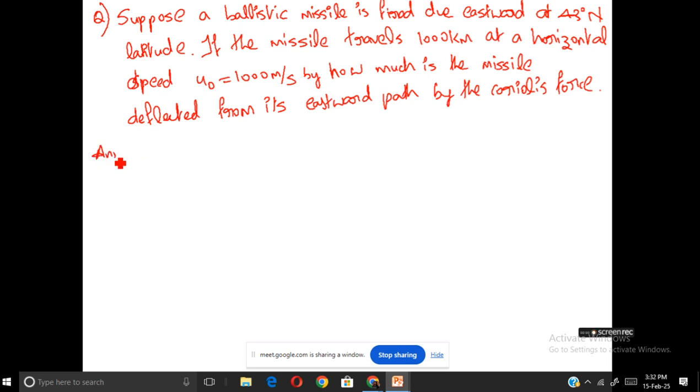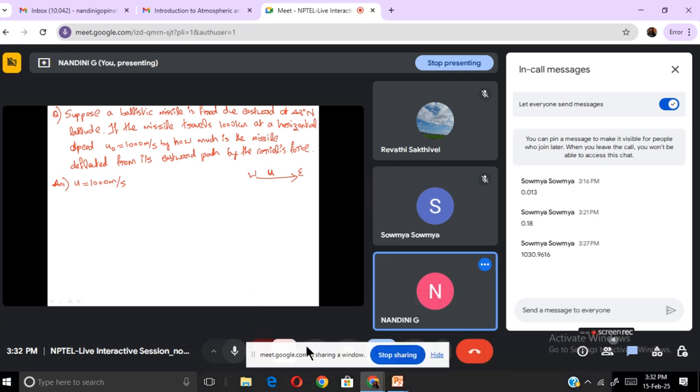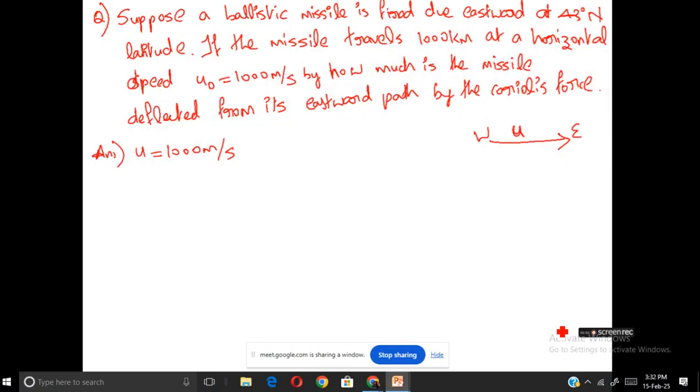Okay, so now we are considering the motion of a ballistic missile which is fired eastward. So the motion is basically west to east, the u direction, and u is given as 1000 meter per second. If the body is moving from west to east, in what direction will it deflect? Along the y direction, the north-south direction.